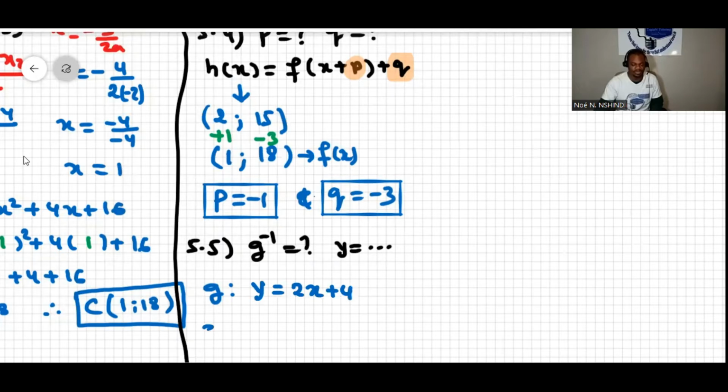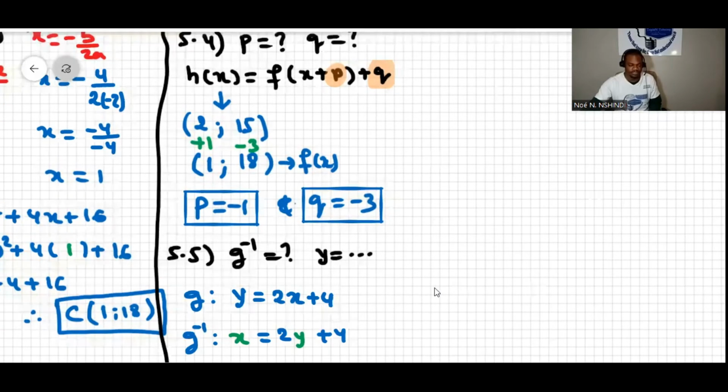So g minus 1 is where we will switch the variable x with the variable y. So instead of writing y, you write x equal to 2y plus 4.